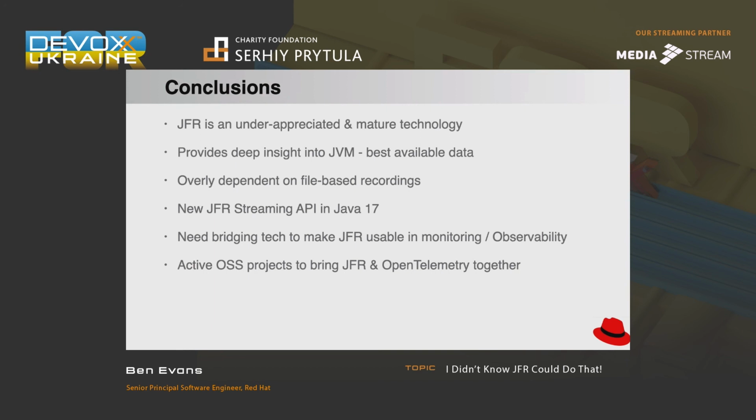We need bridging technology to make JFR more usable for monitoring and observability, because we have this absolute gem, but we don't use it widely enough because of the awkwardness of using file-based recordings. There is work being done on this. There are active open source projects to bring together JFR and other observability technologies, notably OpenTelemetry, and that's part of what I do all day. So that's it. Do we have any questions?